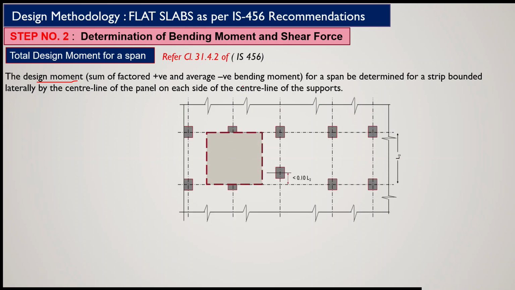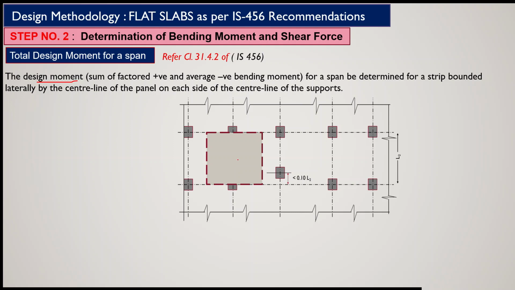So you can easily understand in this diagram, this rectangular portion which I have highlighted, you have to calculate total bending moment for this much portion. So we have seen this is the strip bounded laterally by center line of the panel on each side of center line of the support. Now this is the center line of support, and from each side we are taking into consideration this panel, or this strip for which design moment will be calculated.